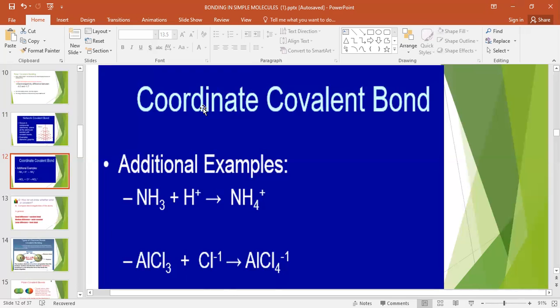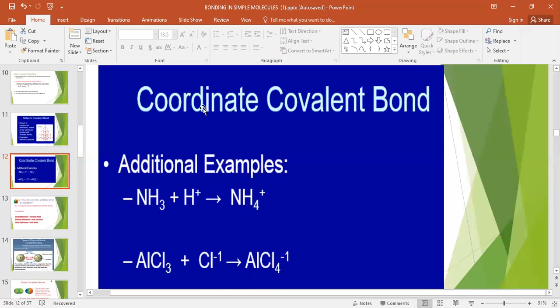When this nitrogen shares a pair of electrons with the positive hydrogen, we show the sharing in this way with the arrowhead, not with a single line. Why? Because this arrowhead with a lone pair we call a dative bond. Actually, there is a bonding.